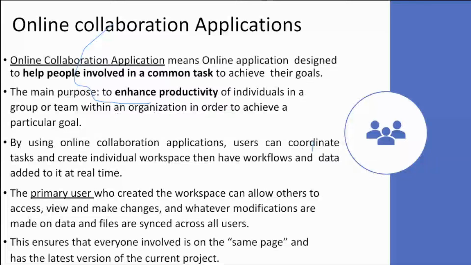So with online collaboration we can divide our work. Online collaboration application means an online application designed to help people involved in a common task to achieve their goal. So if we have a common task, we can divide it part by part.